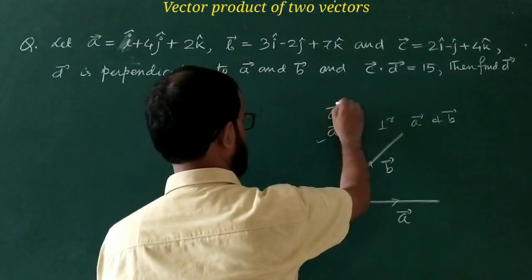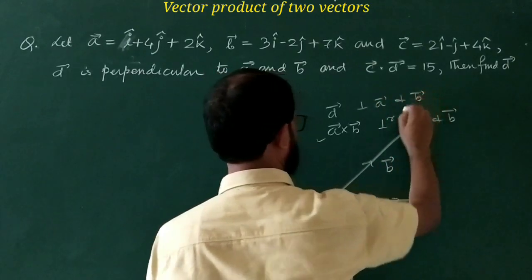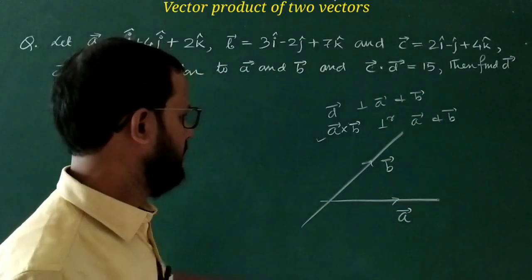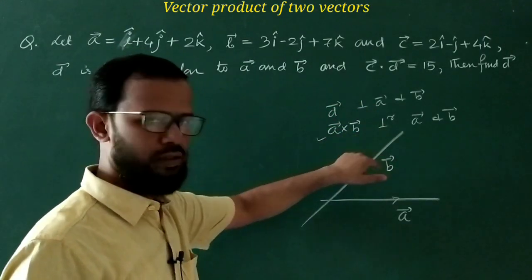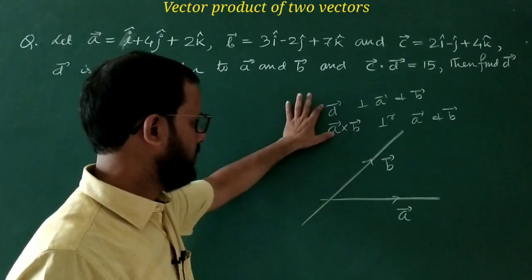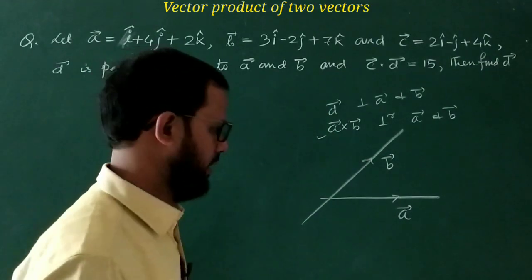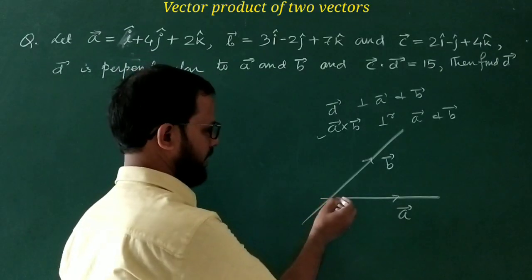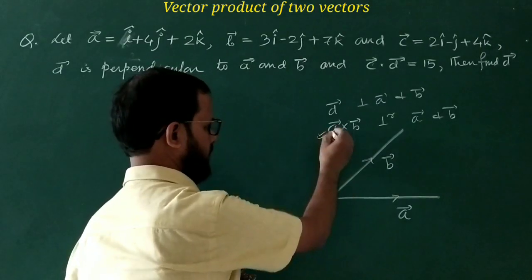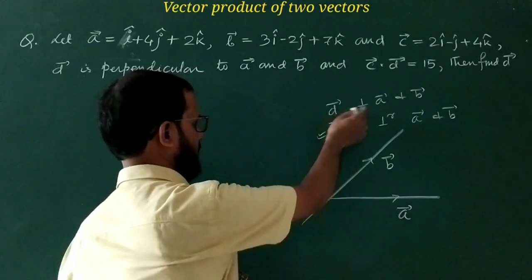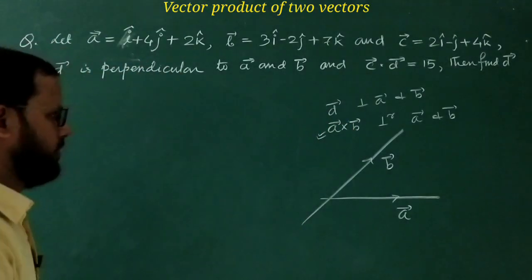And also it is given that D vector is perpendicular to A vector and B vector. So from these two relations we can say that the directions of D vector and A cross B will be parallel. That means if A cross B is perpendicular to A and B, and D is also perpendicular to A and B, therefore D and A cross B are parallel.